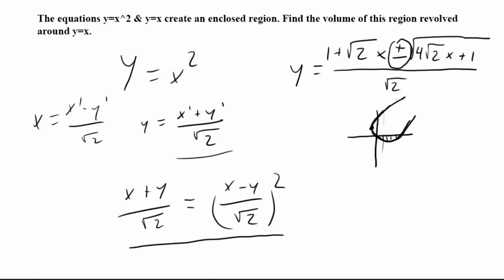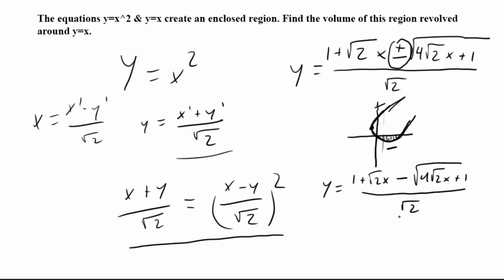This portion of the graph up here is the positive, and this portion down here is the negative. We're looking for the negative portion because that contains the region that we would like. And so the actual equation that we will be revolving is y equals (1 + √2x - √(4√2x + 1)) all over √2.